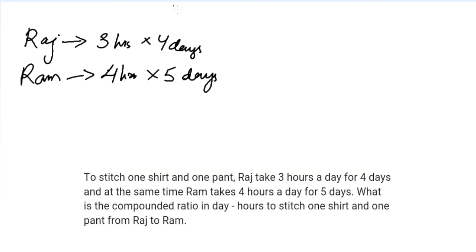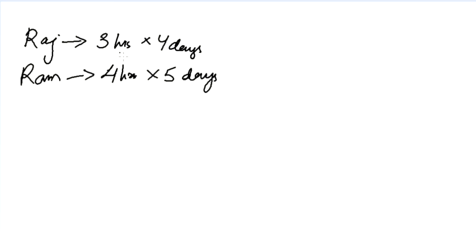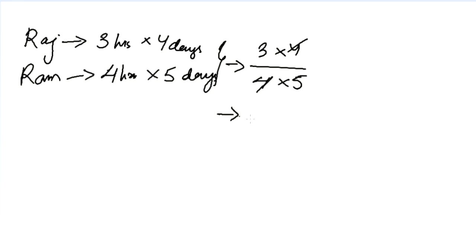So here just the ratio of them. Their ratio will come like 3 into 4 by 4 into 5. If you write 24 above and below, it simply cancels out.